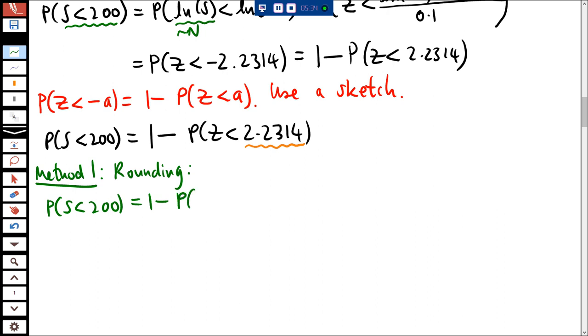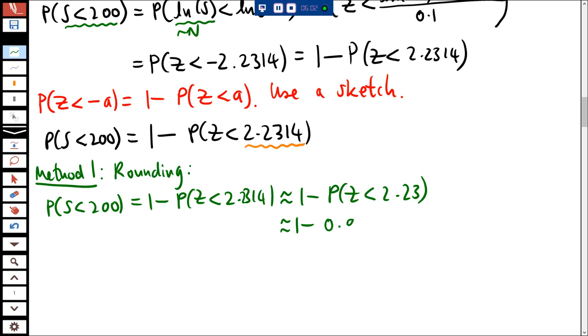I would write something like this, and then I would just round, so I would do approximately Z is less than 2.23, which is, using the tables, about 0.9871.